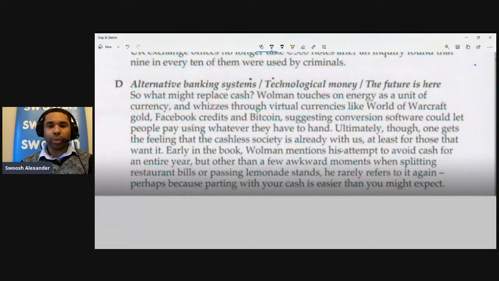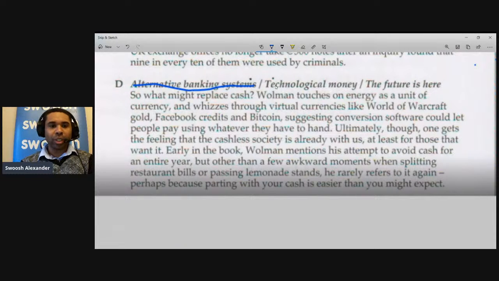Cashless society is already with us. Okay, so we're not looking at alternative banking systems. I think that is something which we can rule out straight away. That's not focused on in the article. It looks at alternative currencies, but not banking systems.